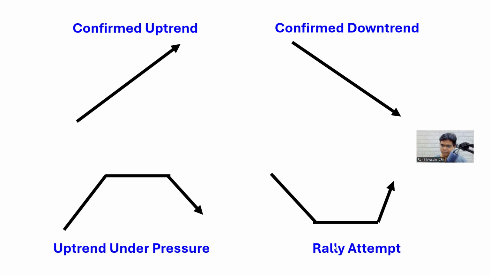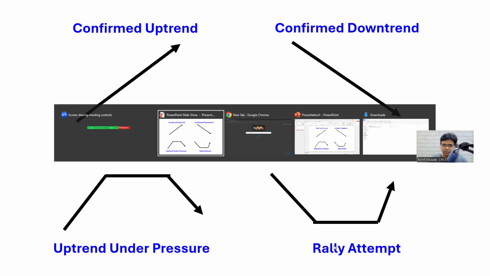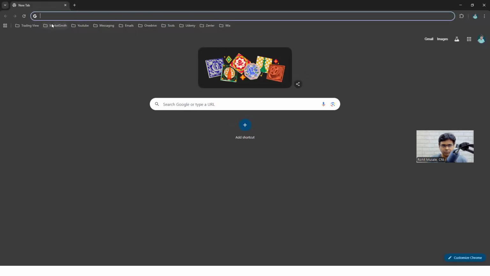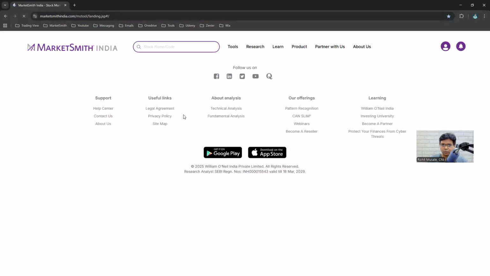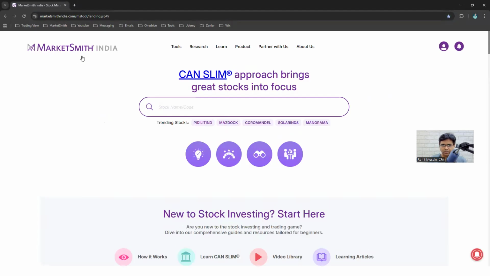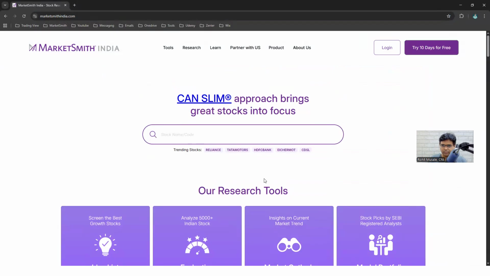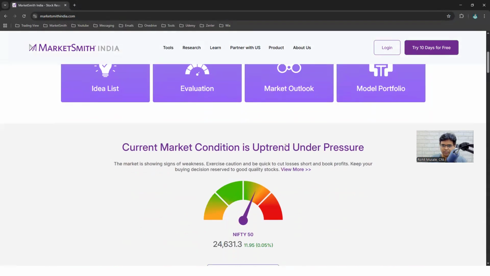Coming back to the market conditions. The market conditions get updated on this page. So you go to MarketSmith, this is the home page. Scroll down, see, they say market is uptrend under pressure. I have not logged in, so this is free information.